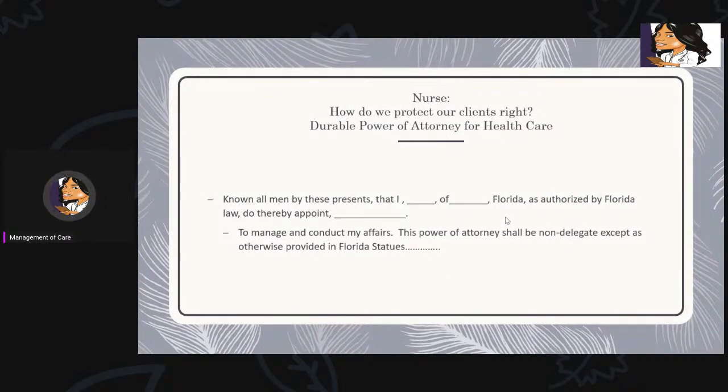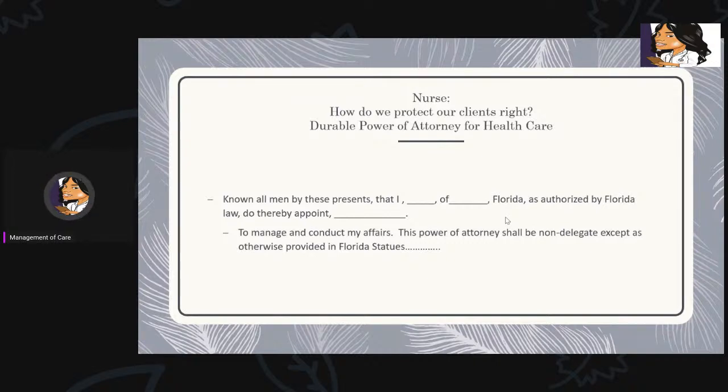So here's a little picture for you. This is a power of attorney. Now look at this power of attorney: know all men by these presents that I, blank blank, of Florida, as authorized by Florida law, do hereby appoint to manage and conduct my affairs. This power of attorney shall be non-delegable except as otherwise provided in Florida statutes.